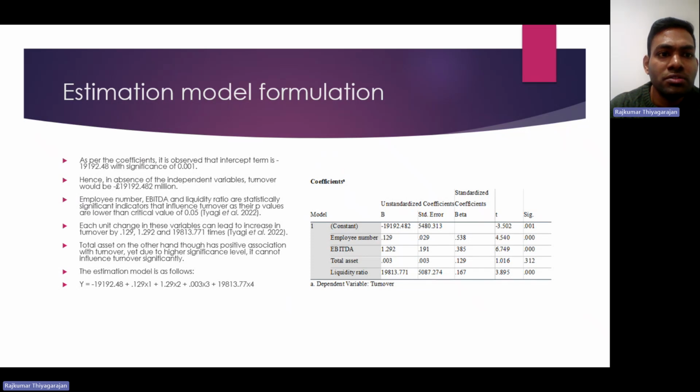Each contributes positively to turnover. Unit changes in these variables increase turnover by 0.129, 1.292, and 813.77 times respectively. Although total assets exhibit a positive relationship with turnover, their impact is statistically insignificant. The formulated estimation model enables banks to make data-driven financial decisions for revenue optimization.